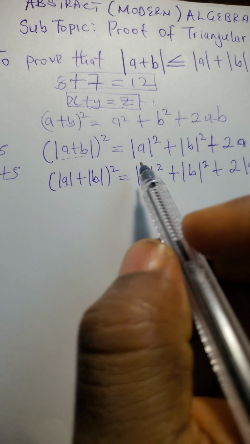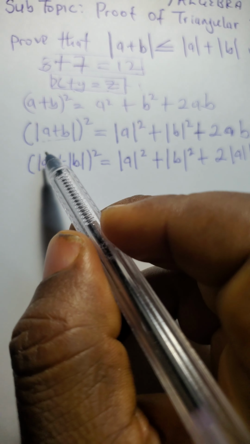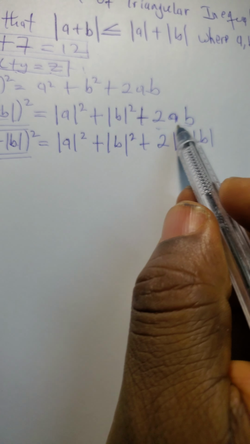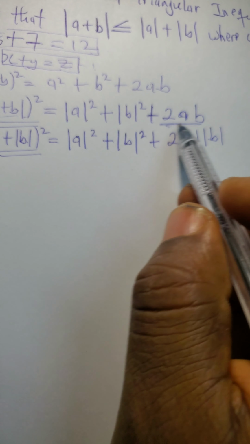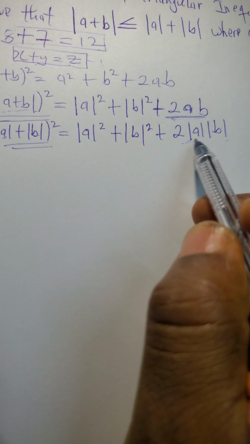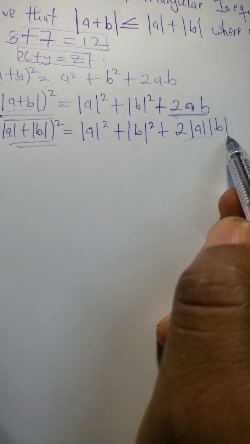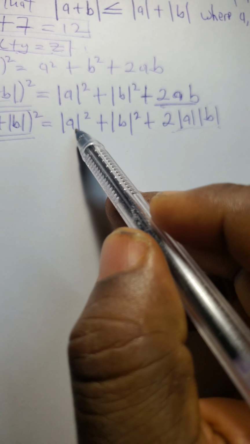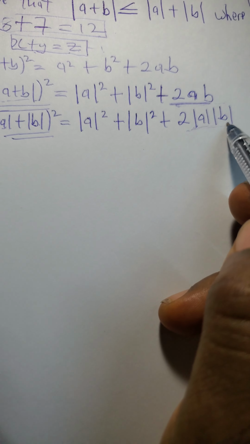Now, if we compare our results for this first one and this second one, we discover that the value we have here may be positive or negative, but in this other case, the value we are going to have here will always be positive, which implies that the value we have here will be less than or equal to the value that we are going to have here.